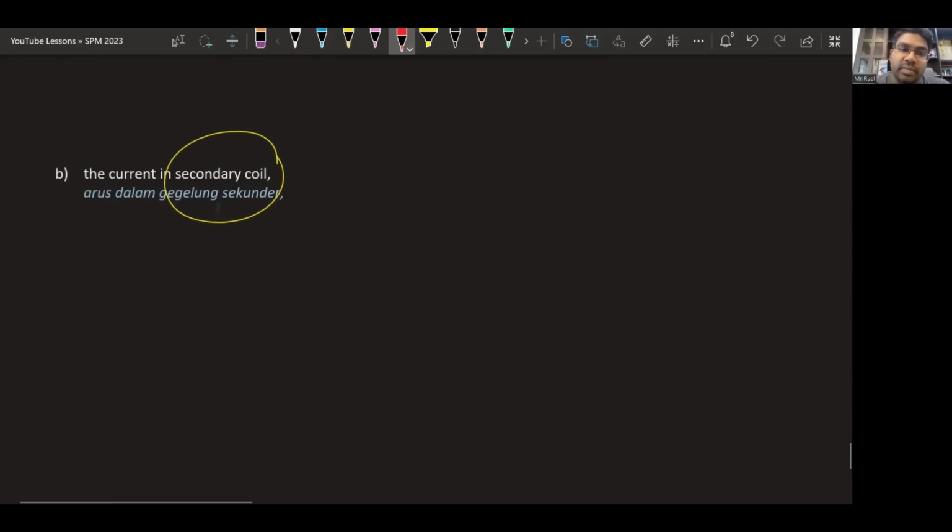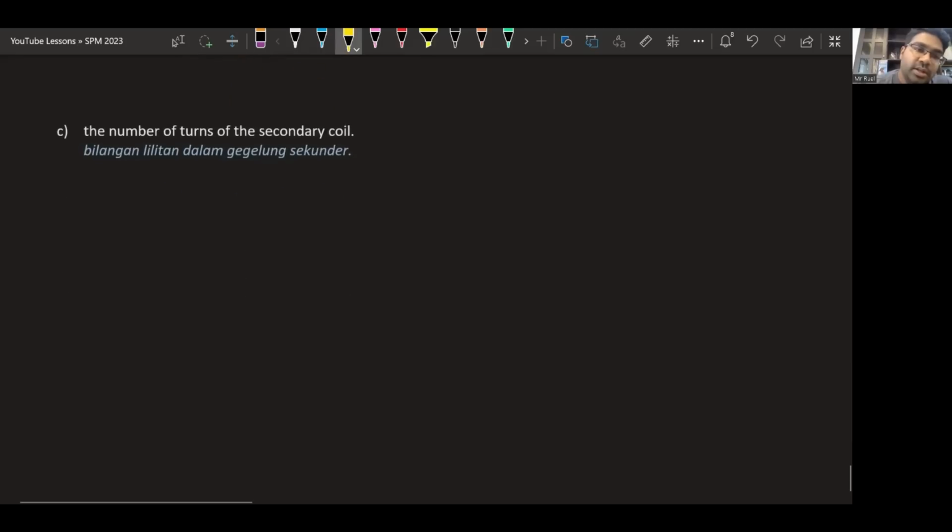So we can use the same formula here. P is IV, I is P over V. But this time we use 40 over 12. And so the answer here is 3.33 amperes. So if they don't give you the power directly, you can always use primary IV equals secondary IV. That is simply using the concept of no power loss. 3.33 amperes.